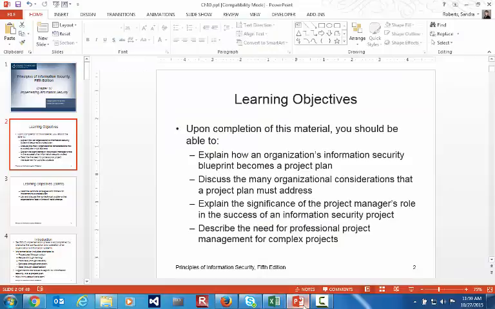There's a difference between project management and product management. Project management includes the products. It's a long plan, and this chapter is about how a company's information systems goals, their blueprint, becomes the plan with milestones and procedures for the people that are going to be putting this into place.